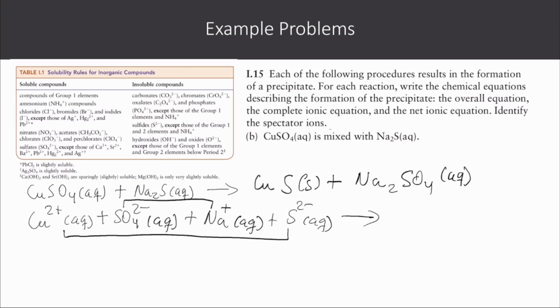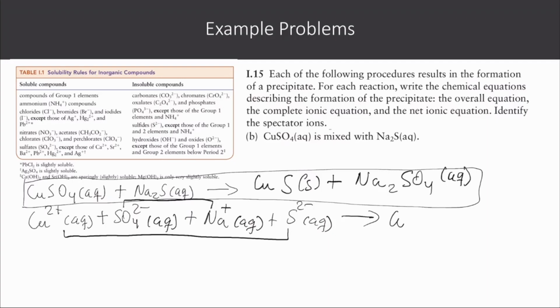Then we have to make sure that this overall equation is balanced. So we have 1 copper, 1 sulfate, and 1 sulfate, 2 sodiums, 2 sodiums, 1 sulfur, and 1 sulfur. So this is balanced. Then we need to write the ions on the right hand side.